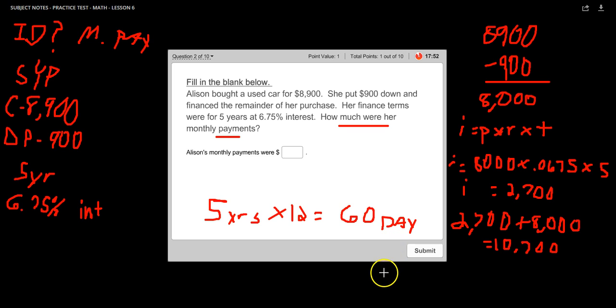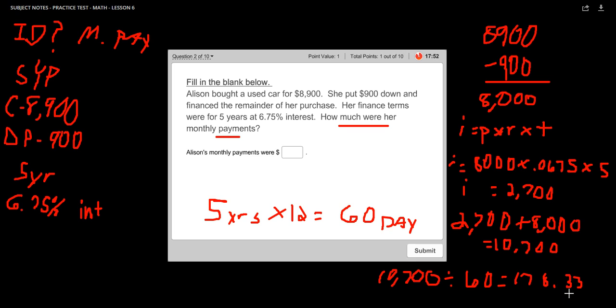All you got to do is take that total amount, 10,700, and divide it by 60. And you're going to get $178.33.